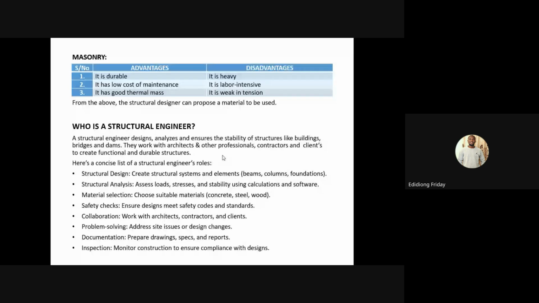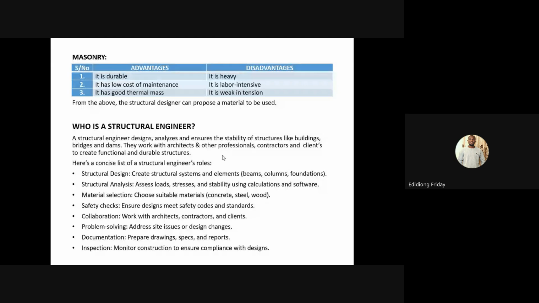So I've listed out the roles of a structural engineer, either on site or off site. Number one role of a structural engineer is structural design. The role of a structural engineer is to create structural systems and elements that are safe, functional, and economic.